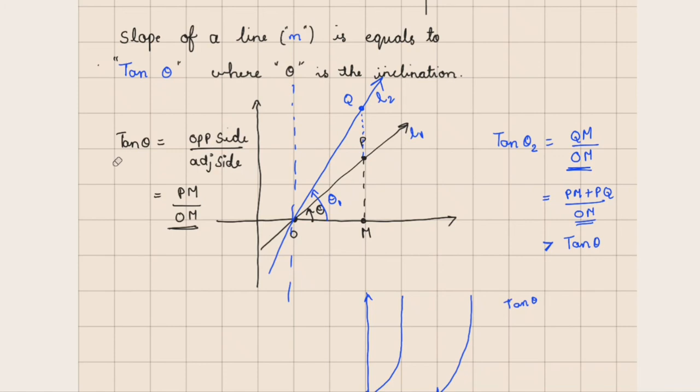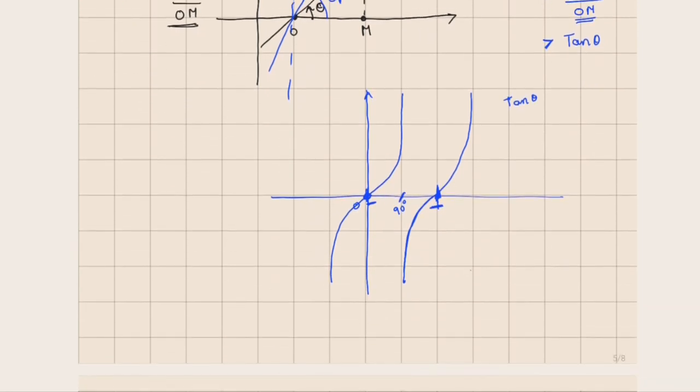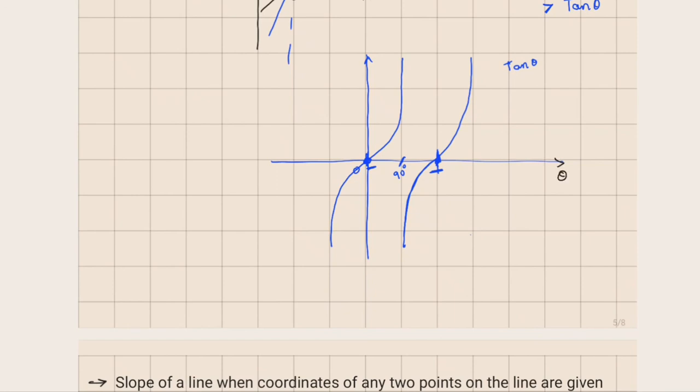Here is the tan theta curve with different angles of theta from 0 to 180 degrees.